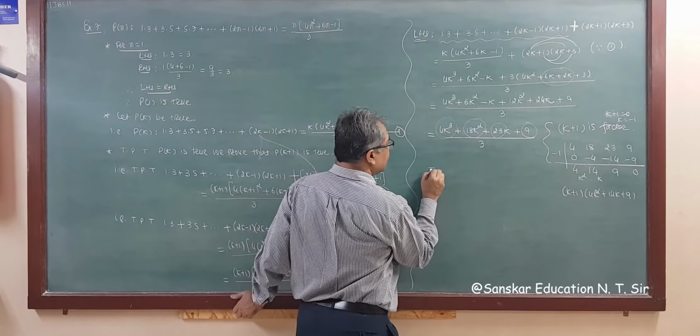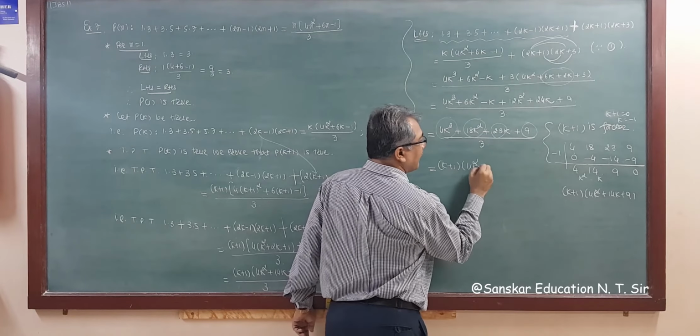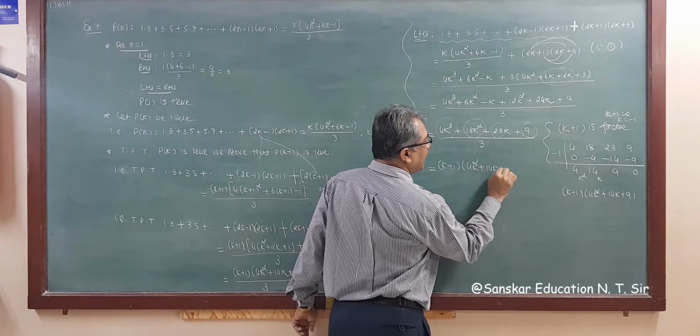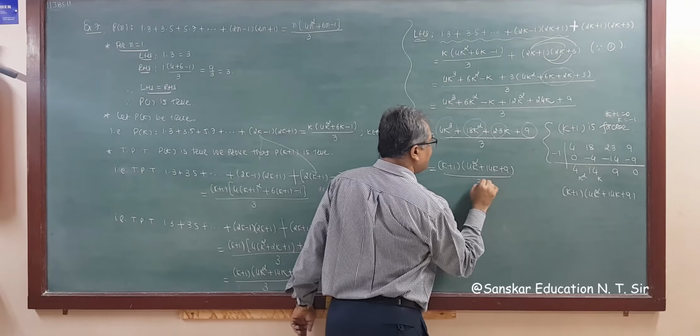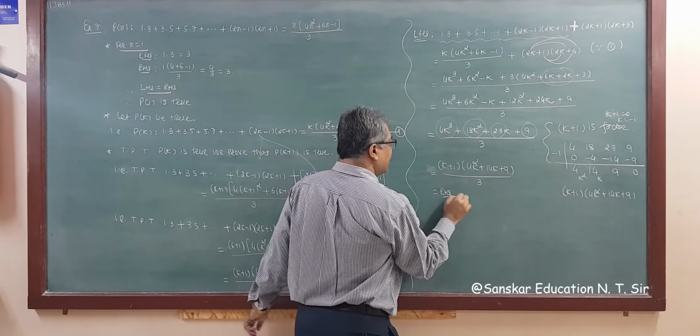So this is k plus 1, 4k square plus 14k plus 9 divided by 3. Right? So this is your right hand side.